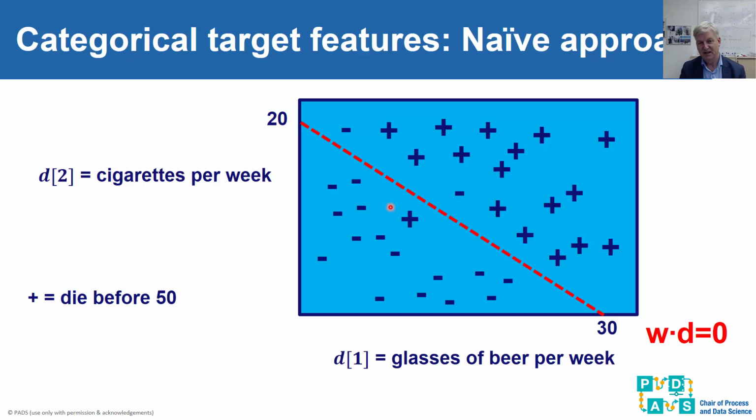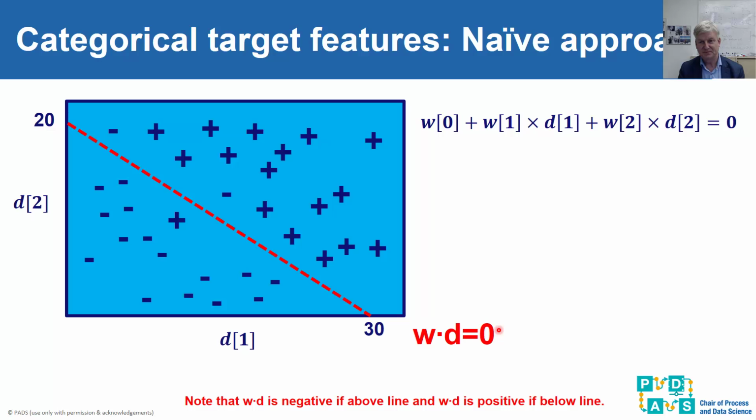Such a line can again be described by taking the product of two vectors, the weight vector and the vector with the values for the various descriptive features. Rather than writing this vector, I could also write the expression completely.